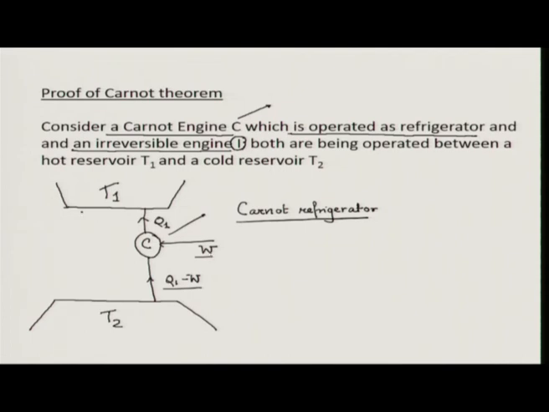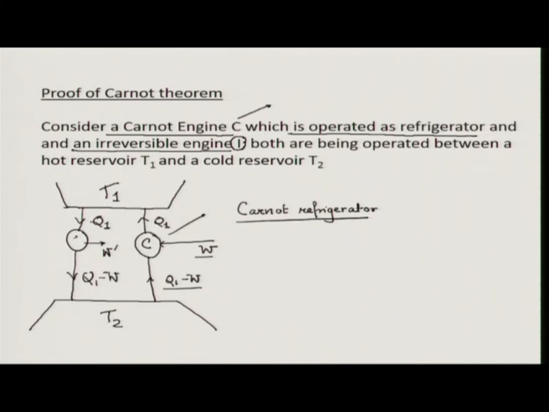Now comes the irreversible engine. Both of them are working in a complete cycle. Please remember, it is absorbing a heat Q1 from the hot reservoir. It is giving out a work which is W prime, and conservation tells me it must give Q1 minus W prime amount of heat to the cold reservoir.